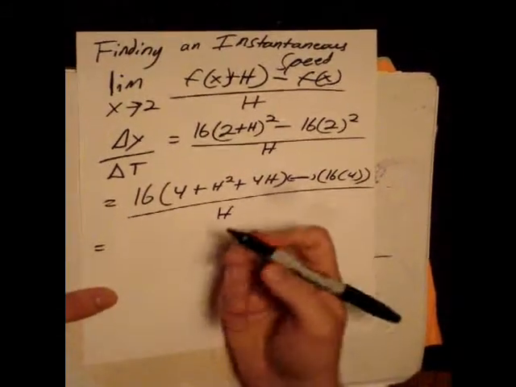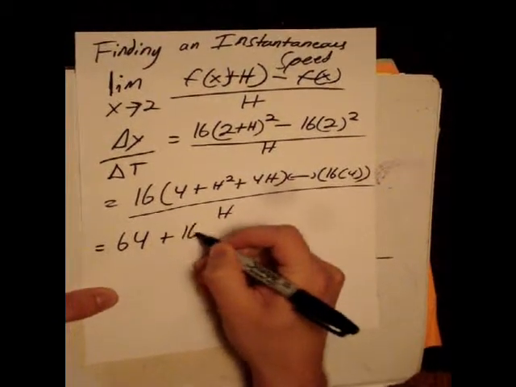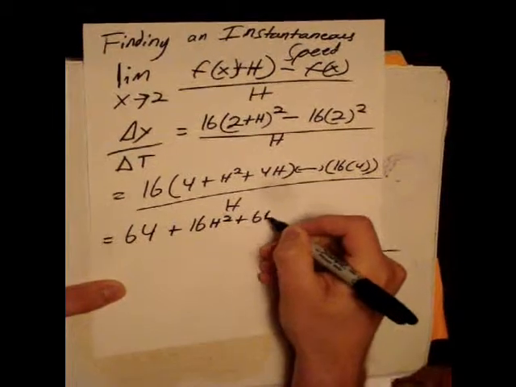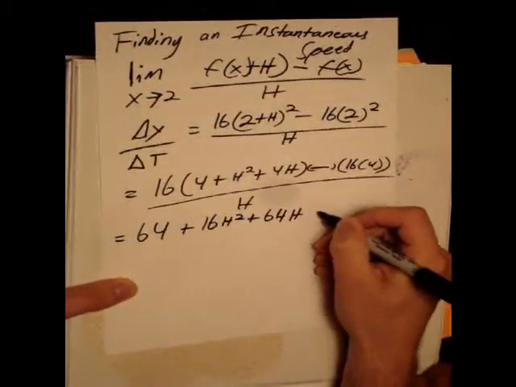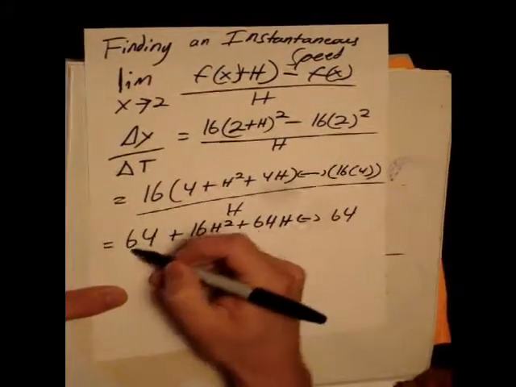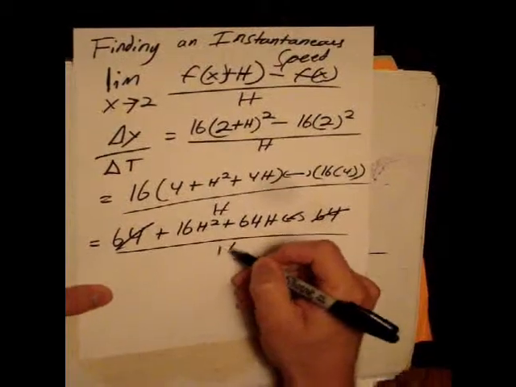We're going to simplify that some more and get 64 plus 16h squared plus 64h minus 64. Then we're going to cross out the 64s here, 64 minus 64.